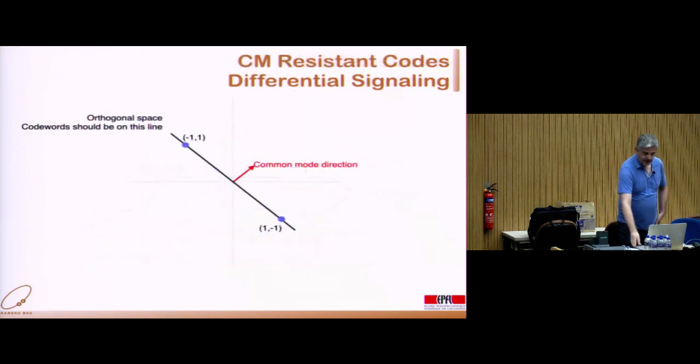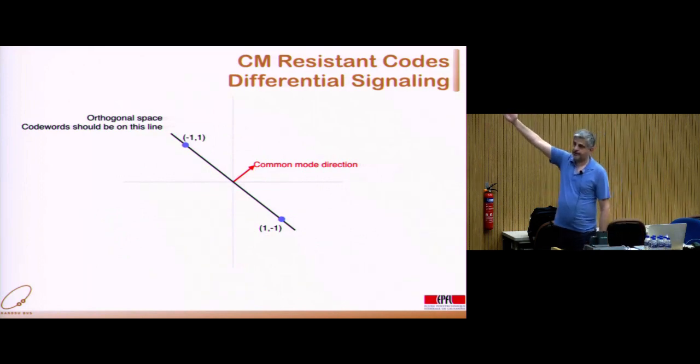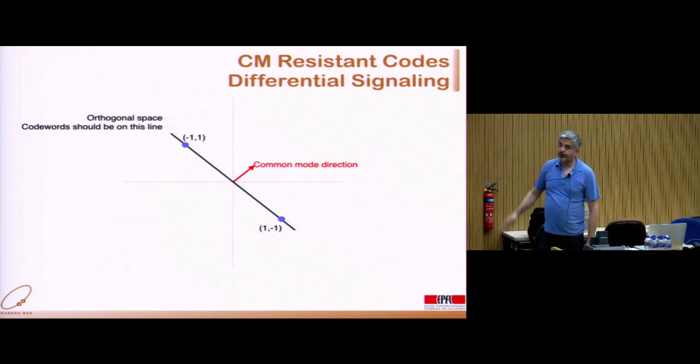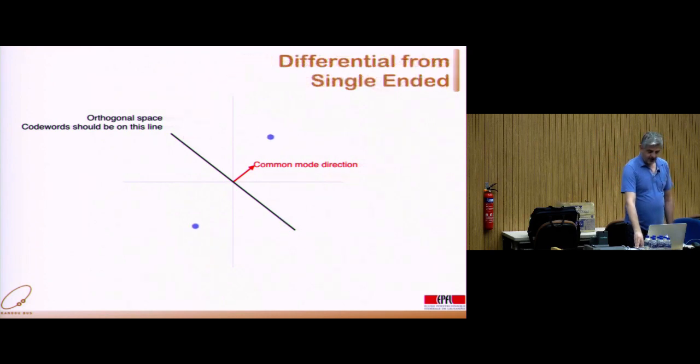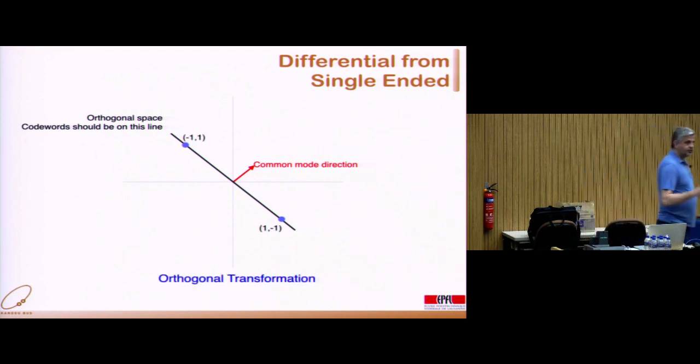And so for differential signaling, that's exactly what happens. The code words are +1, -1, and -1, +1. And the common mode direction is the direction that's orthogonal to the line that connects these two code words. So what is happening here is you start with single-ended signaling, and there is an orthogonal transformation, you just saw that, right?